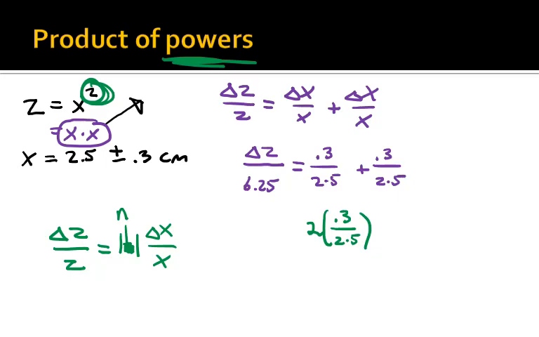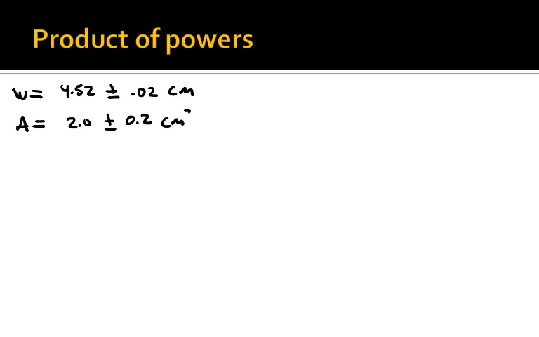And so let's go ahead and do a worked example where we have this as well as other values. Let's say W is 4.52 plus or minus 0.02 centimeters. Say we have a value of A, which is 2.0 plus or minus 0.2 centimeters squared.